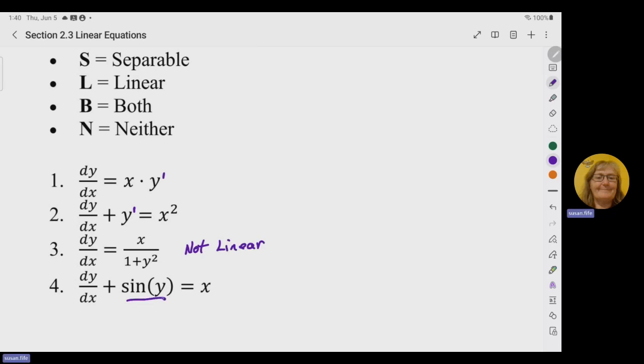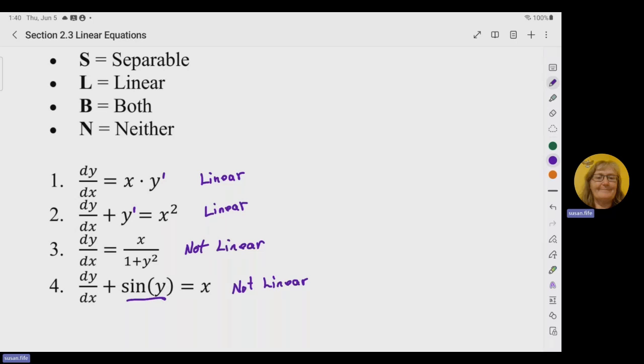Sine y, not linear. So these first 2, it's real easy to see that 1 and 2 are both linear, 3 and 4 are not linear. It should be that quick for you to classify these.